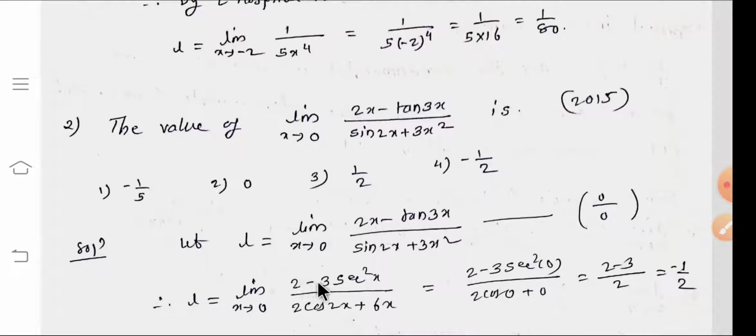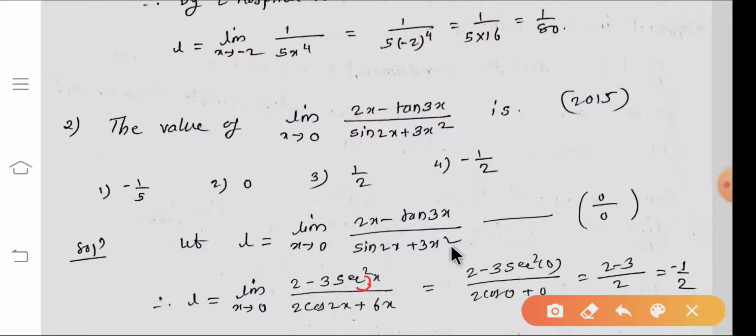The derivative of 2x is 2, minus the derivative of tan 3x, which is 3 sec square 3x, upon the derivative of sin 2x, which is 2 cos 2x, and the derivative of 3x square is 6x.